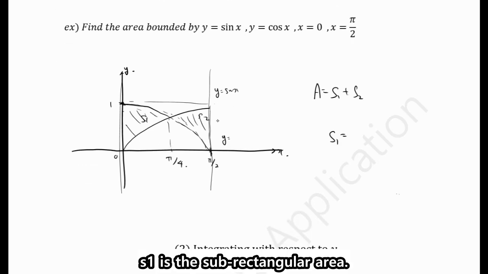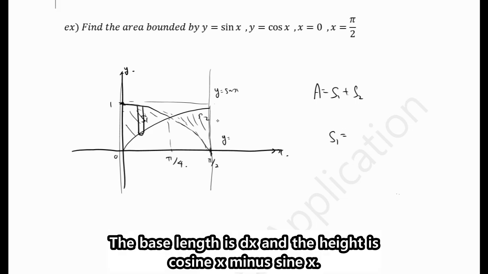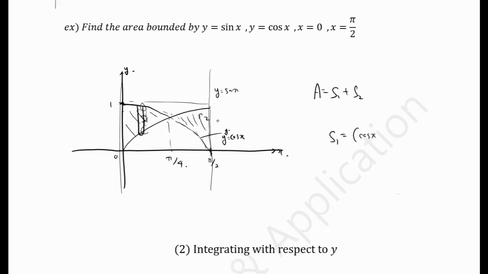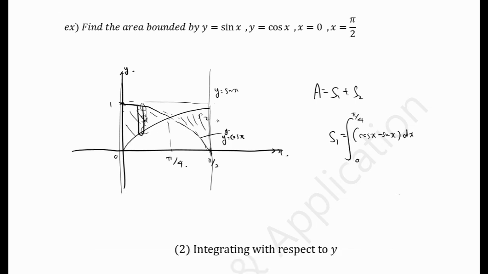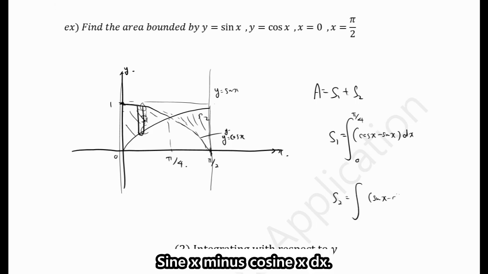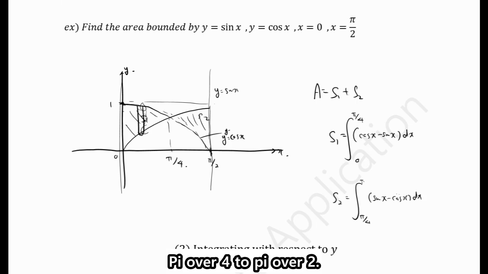S1 is the sub-rectangular area, where the base length is dx and the height is cosine x minus sine x, and the sum is from 0 to pi over 4. S2 is the integration of sine x minus cosine x dx from pi over 4 to pi over 2.